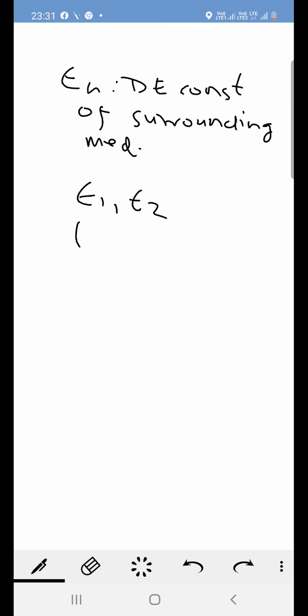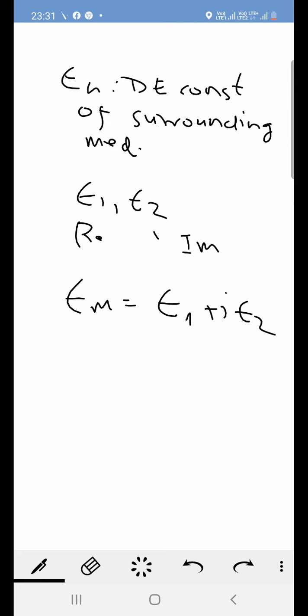So this is the real part and this is the imaginary part. So epsilon_m is equal to epsilon_1 plus i epsilon_2. This total dielectric constant depends on the frequency of light.